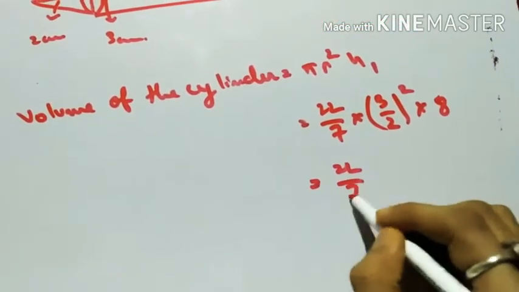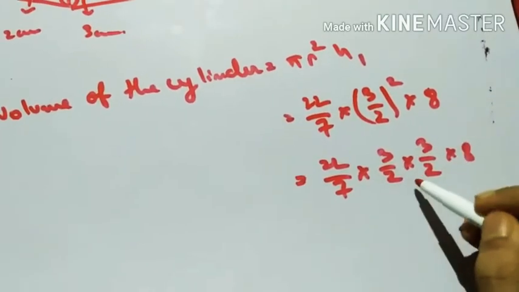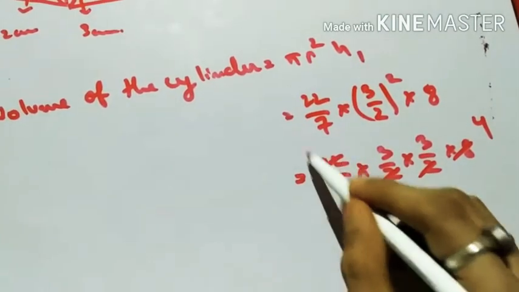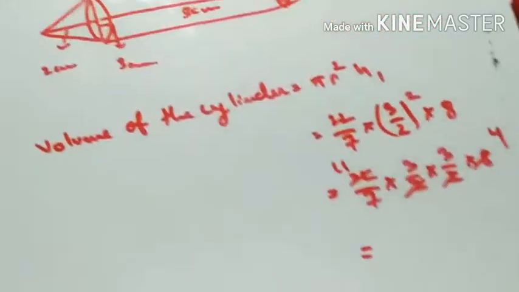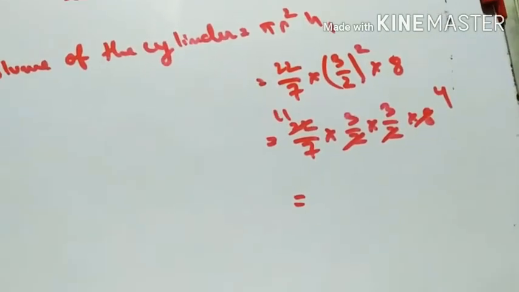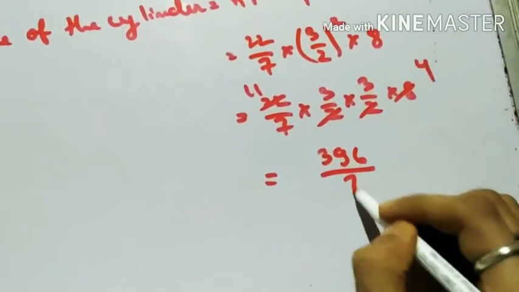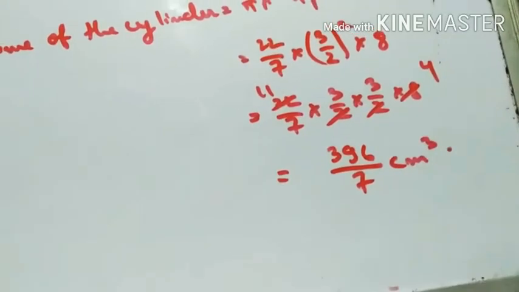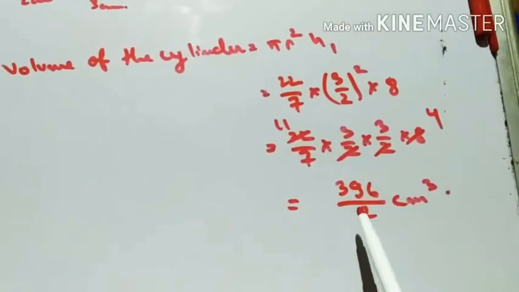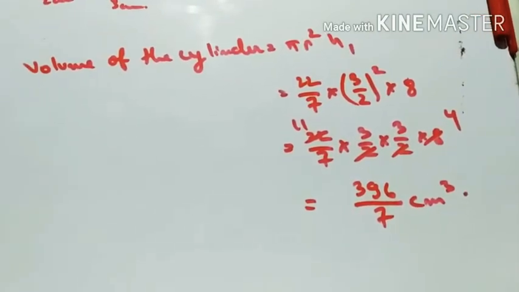So 22 by 7 into 3 by 2 into 3 by 2 into 8. 2 4s are 8, 2 11s are 22, so I will get 11 into 3 into 3 into 4, which is 396 by 7 centimeter cube. Volume of the cylinder is 396 by 7 centimeter cube.